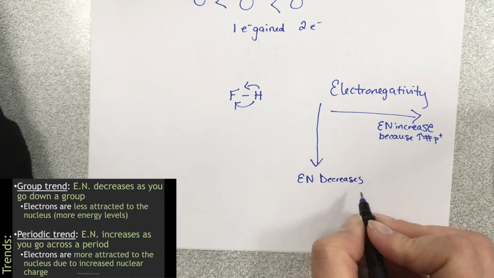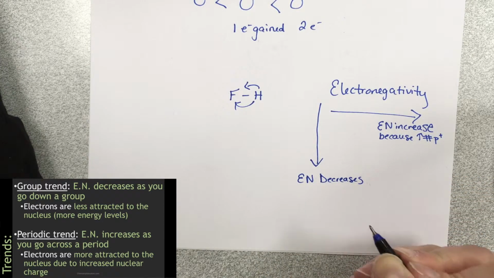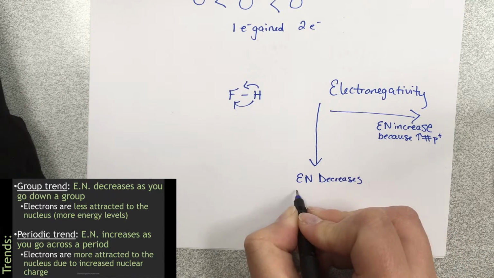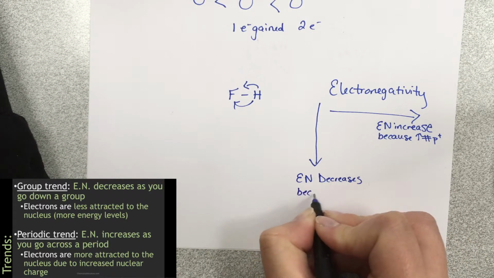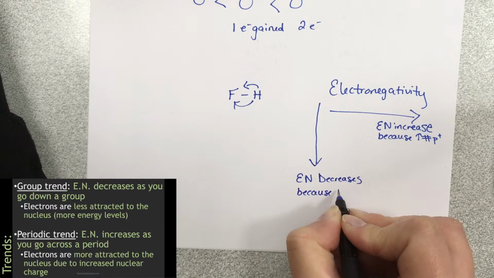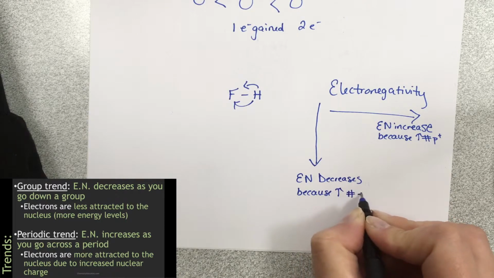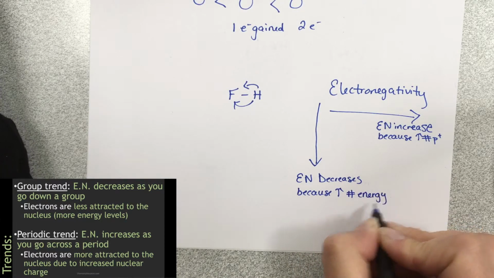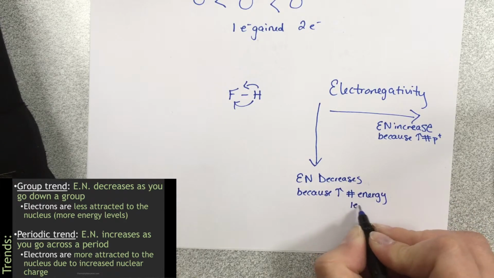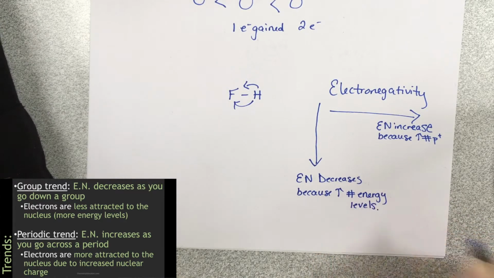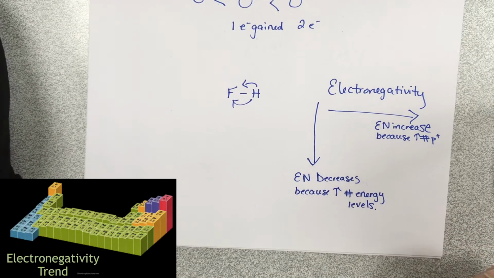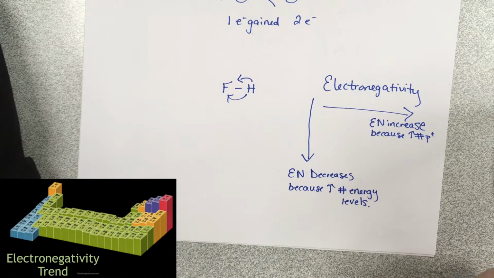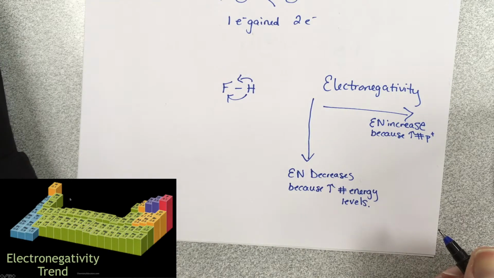And then the electronegativity decreases, again, for the same reason I taught you with atomic structure, because of the increased number of energy levels, or as some of you insist, occupied energy levels, which is good that you insist. So, there's a slide that kind of shows you the electronegativity trends.